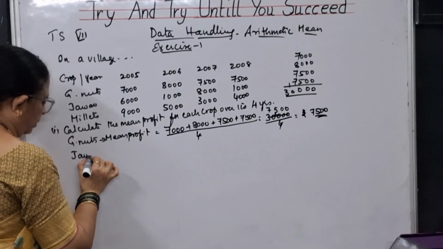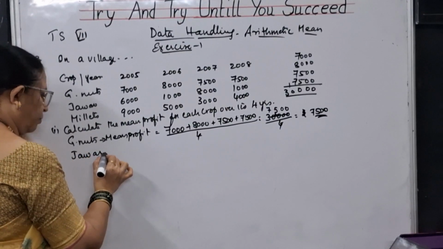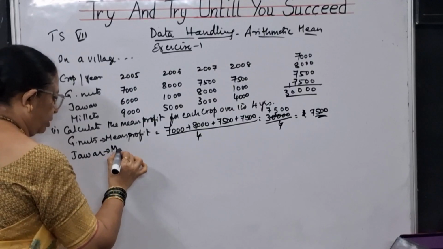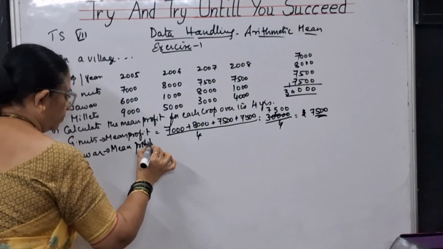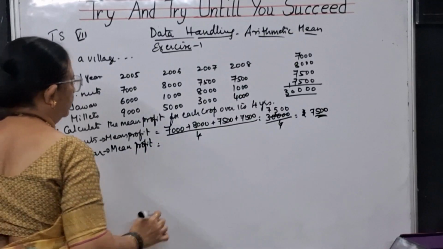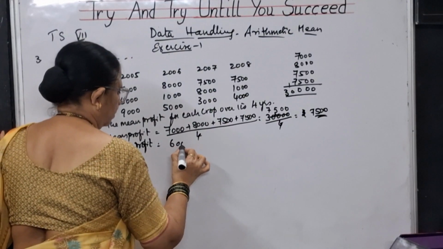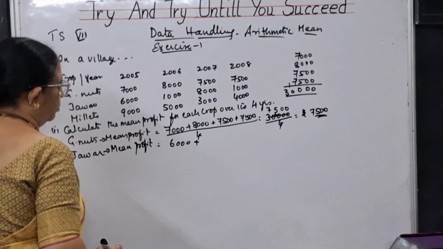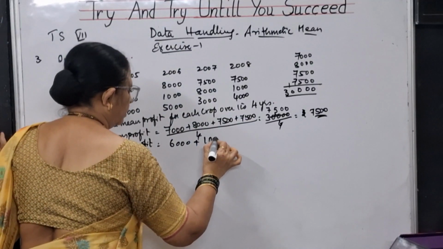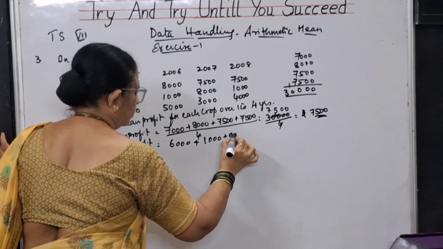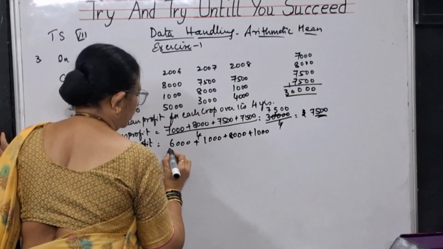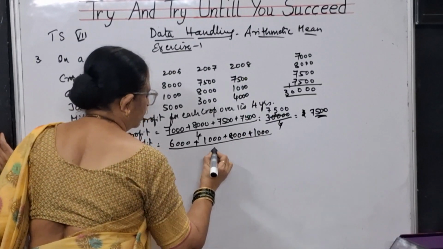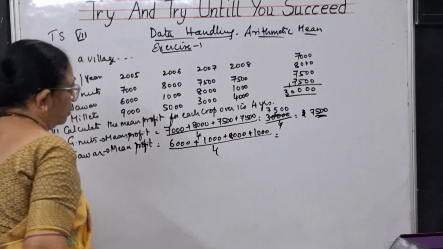Now go for jawar. Jawar mean profit: 6,000 plus 1,000 plus 8,000 plus 1,000, divided by 4.